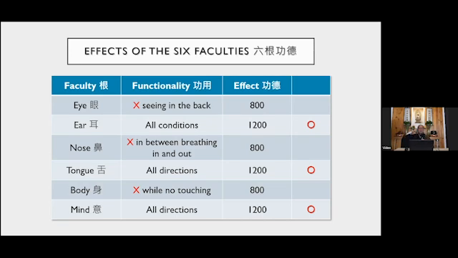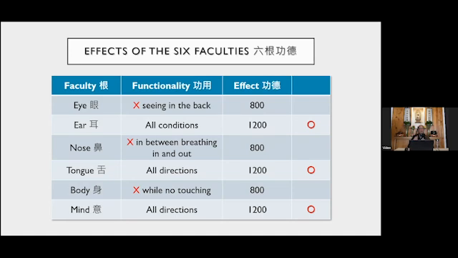So I cannot see the things in my back because the light did not come to my eyes. So it's limited. I can see the front, I can see the side, but I cannot see the back.